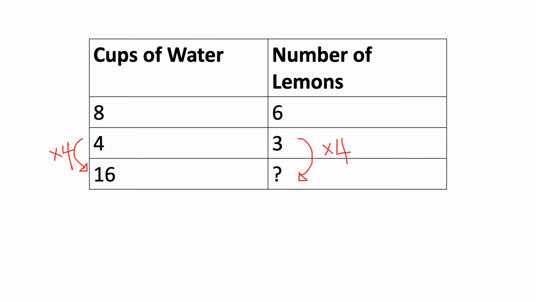If I take a look at the 4, I would have to multiply that by 4 to get 16. And then I also have to multiply the number of lemons times 4. So 3 times 4 would give you 12. So that would be 12 lemons.